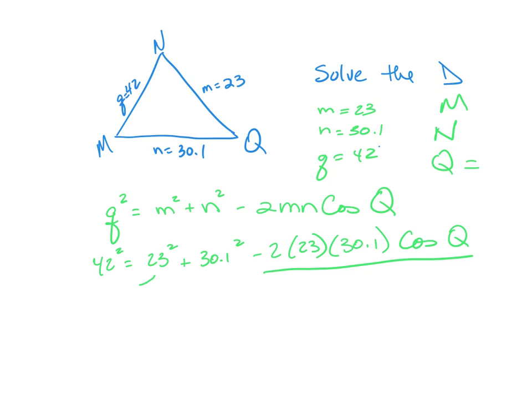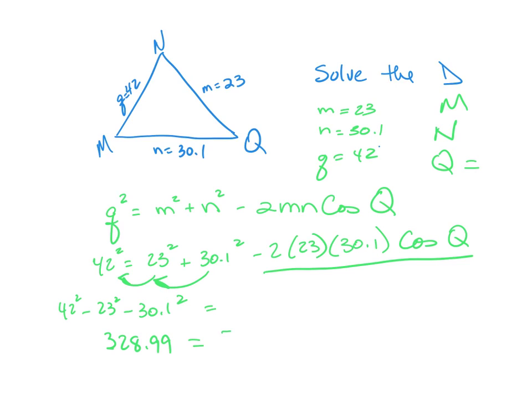And I'm going to underline all of that. Yesterday we subtracted this. So on your calculators, do 42 squared minus 23 squared minus 30.1 squared. And go ahead and give me that number. Now multiply the 3 numbers that are next to the cosine of q. What'd you get?